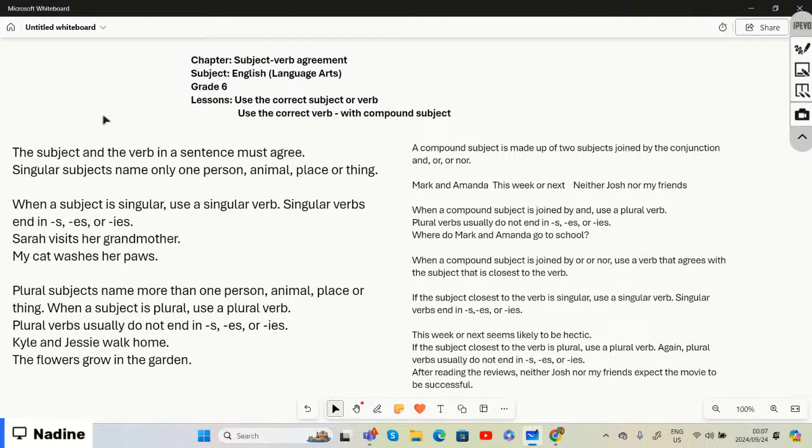And our subject needs to agree with our verb. So the subject, which tells you the person, animal, or thing that you're discussing, needs to agree with the verb, meaning the action that is taking place. So that needs to agree with one another.